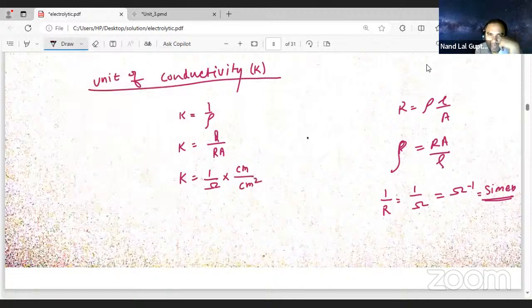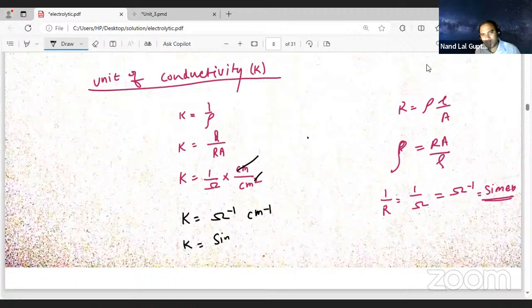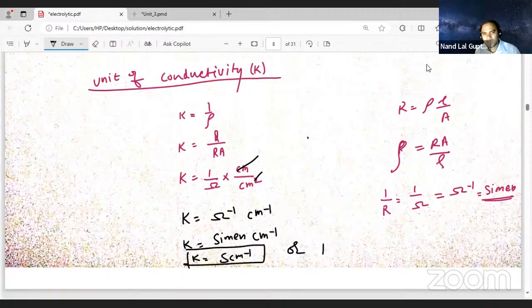This centimeter and this centimeter will cancel out. So K is 1 by ohm, that is ohm inverse, and centimeter inverse. The SI unit is Siemens: K is S centimeter inverse, S for Siemens, or K is S meter inverse.